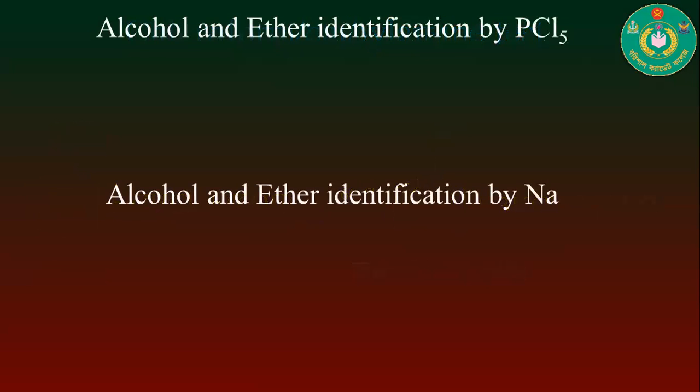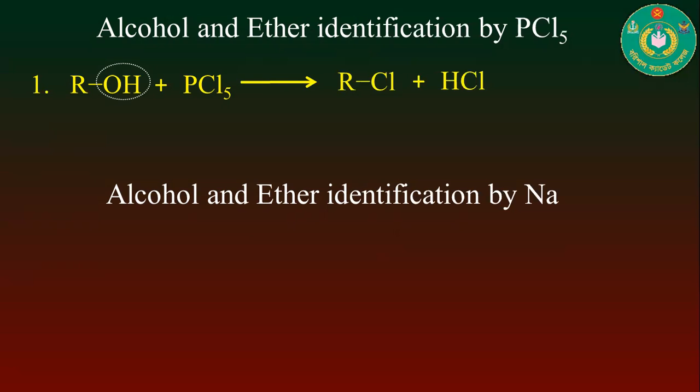Okay, first, alcohol and ether identification by phosphorus pentachloride. When phosphorus pentachloride is added to an alcoholic compound, then alkyl halide is produced with hydrochloric acid.